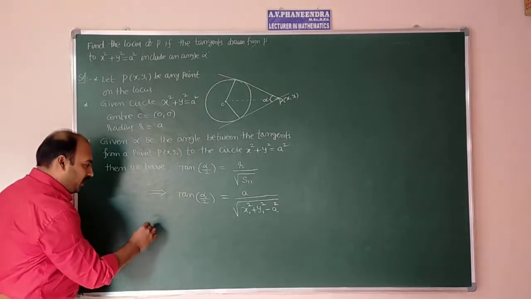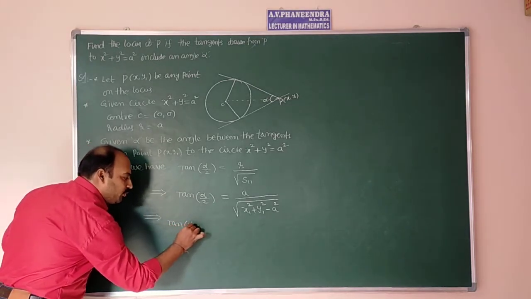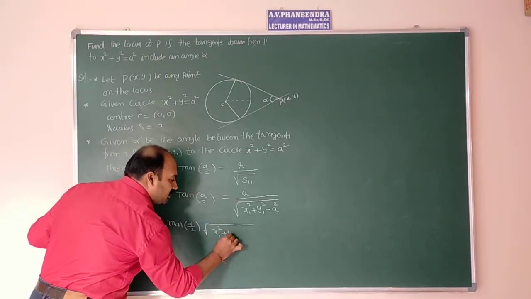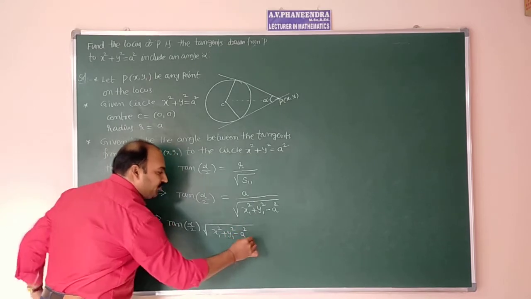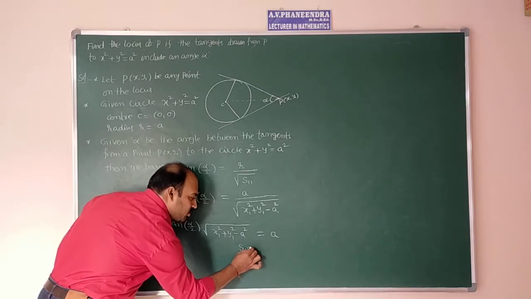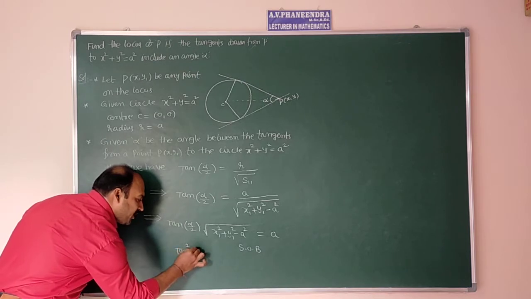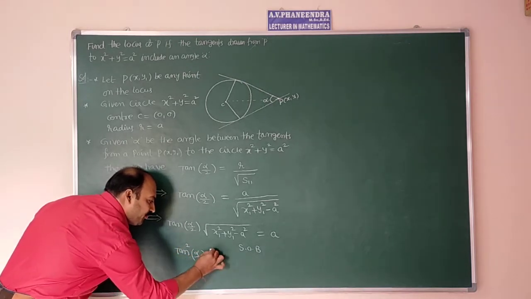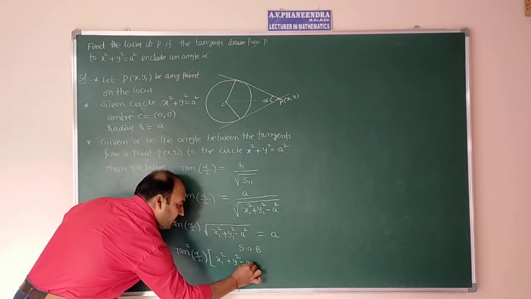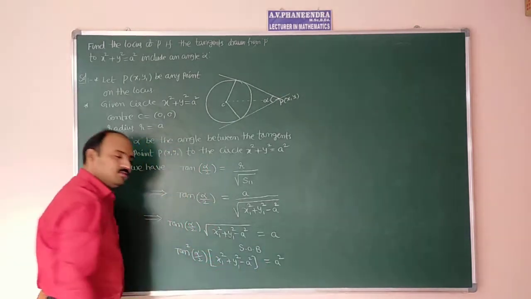Now cross multiply to get the locus. Tan alpha by 2 into square root of x1 square plus y1 square minus a square is equal to a. In the very next step, squaring on both sides, tan square alpha by 2 into x1 square plus y1 square minus a square is equal to a square.